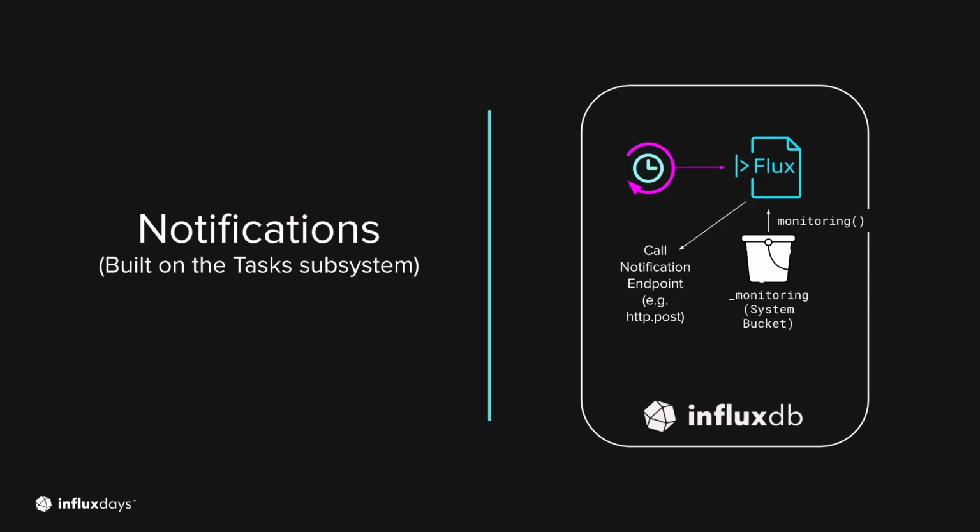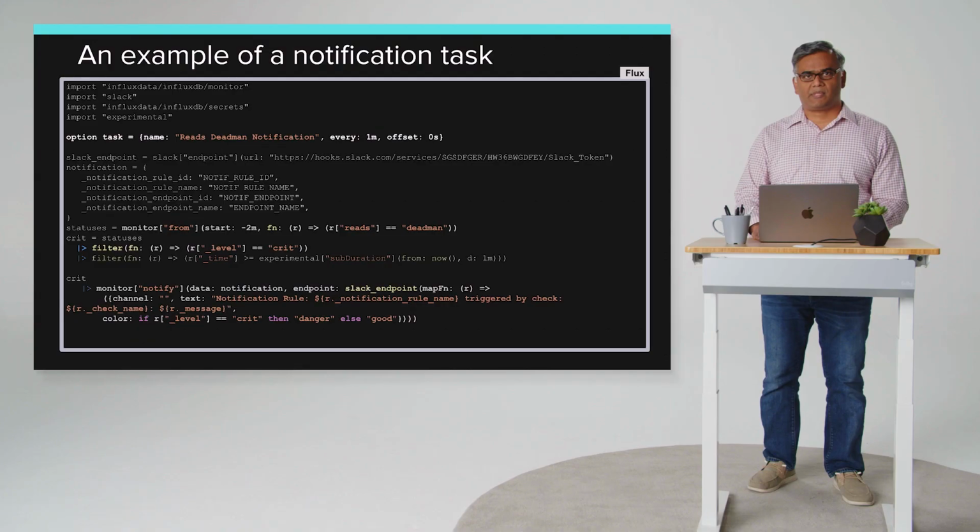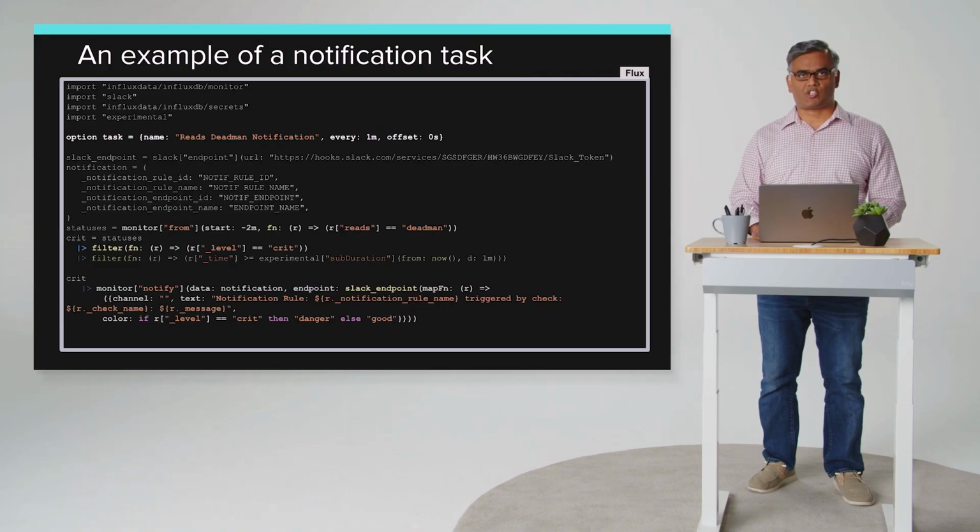Additionally, notifications also allow you to send your notification to an endpoint, right? We talked about Slack and PagerDuty. You can also send it to Microsoft Teams, or you can do an HTTP post, which could be used to trigger a custom orchestration workflow. Very powerful in that perspective, and we believe this is the key differentiator that makes InfluxDB really one of its kind. This is an example of a notification task.